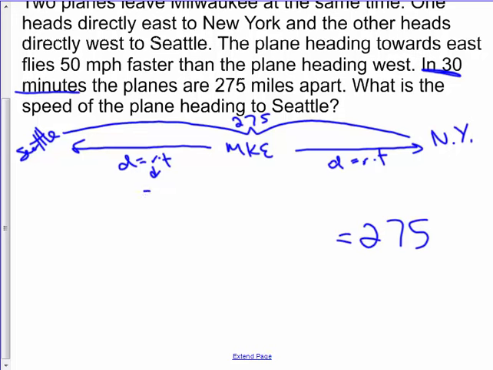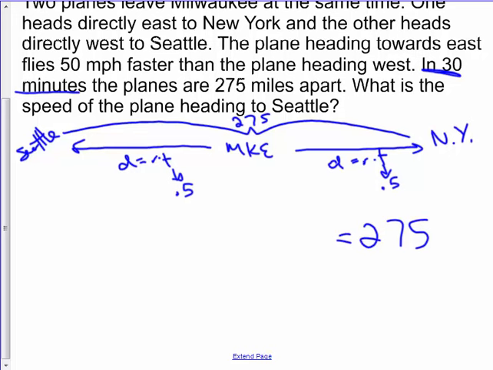So from Milwaukee to Seattle, the time is 0.5. Well, how did we go from 30 minutes to 0.5? We want to be in hours here, so 30 minutes is how much of an hour? Half of an hour here. I could take 30 minutes divided by 60 minutes and get my 1/2 as well. The times are the same because they left at the same time.